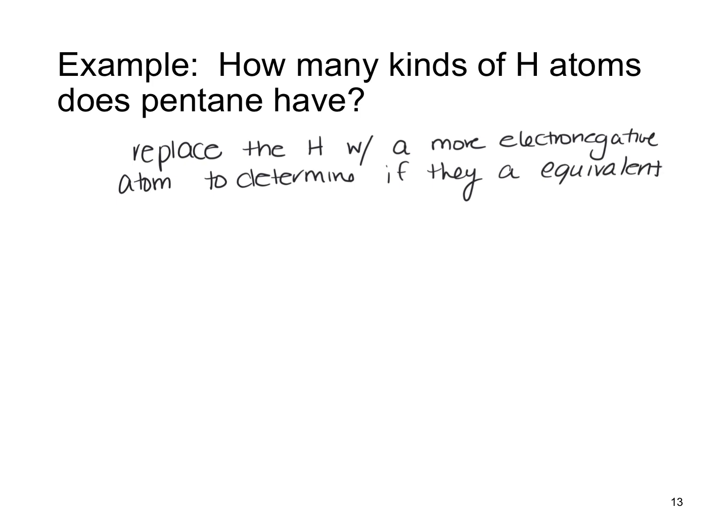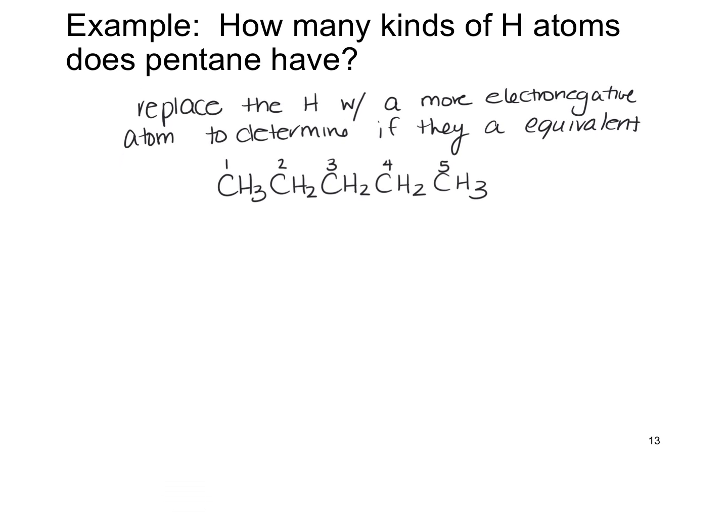How many kinds of hydrogen atoms does pentane have? Well, when we look at it, CH3, CH2, CH2, CH2, CH3. This is pentane. And I am going to number this 1, 2, 3, 4, 5, just to help us as we talk about this.